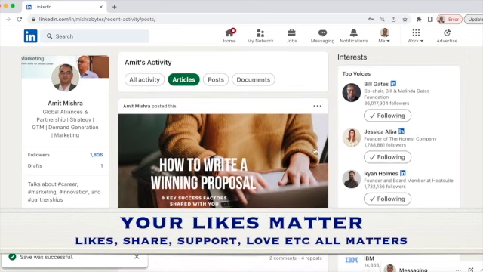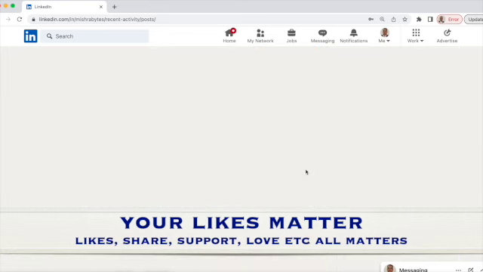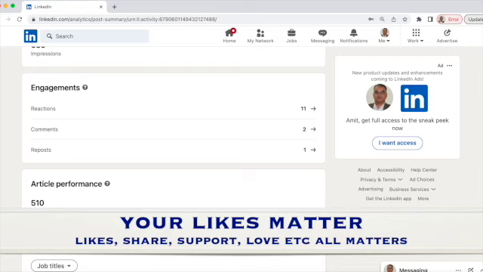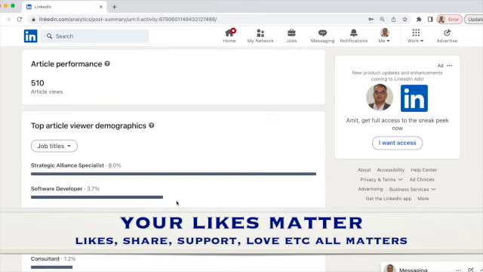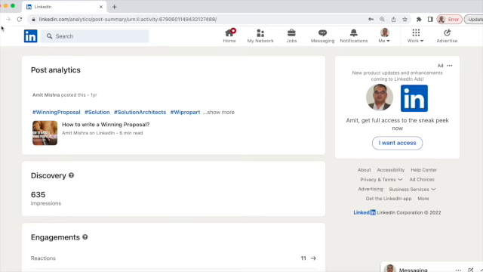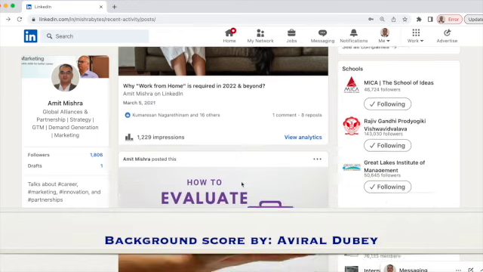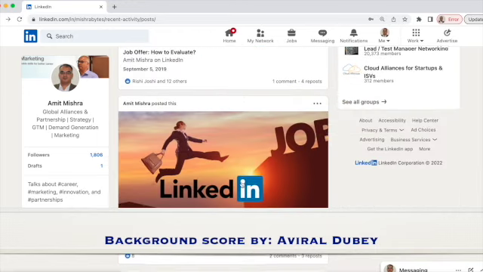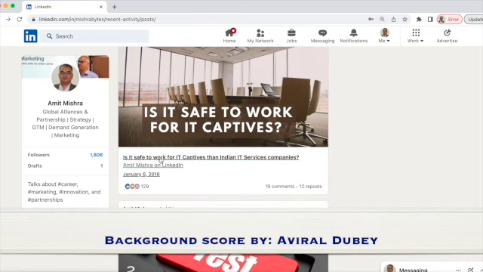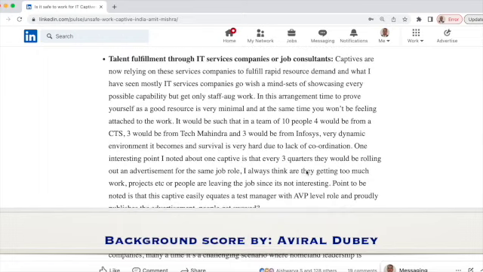This includes which companies you follow, which people you connect with, what kind of groups you are part of, which article or post you comment on, and whether you are an active member of that particular group or not. Is there anything interesting which you want to share? Have you shared something relevant for the audience? What kind of followers do you have? Do you have enough followers for your profile?